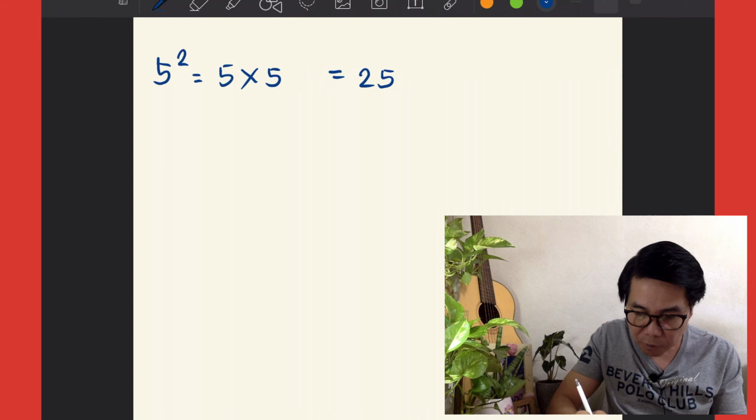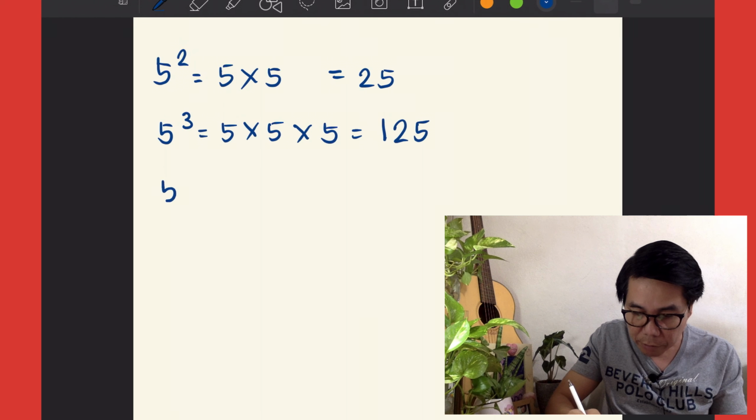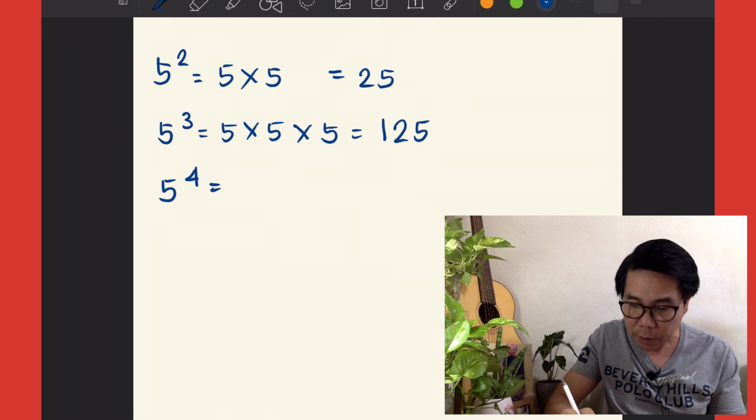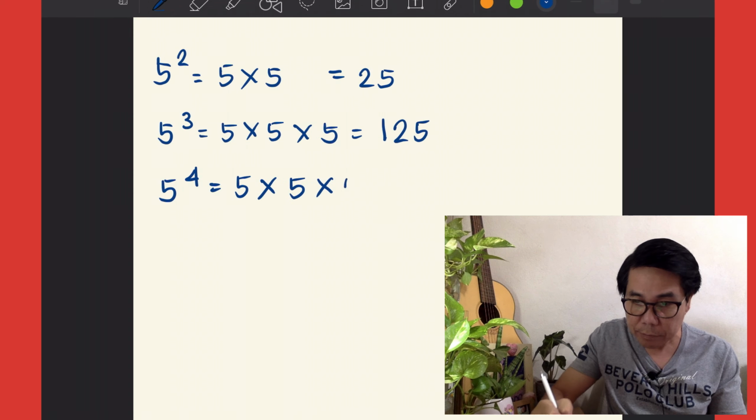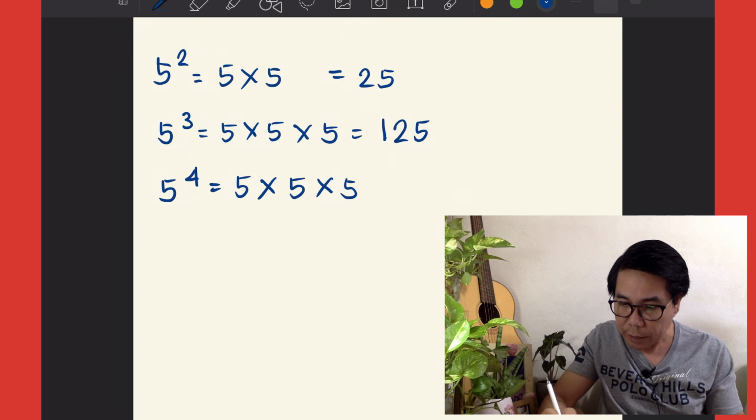That means that 5 raised to the power of 4 is equal to 5 times 5 times 5 times 5, which is equal to 625.